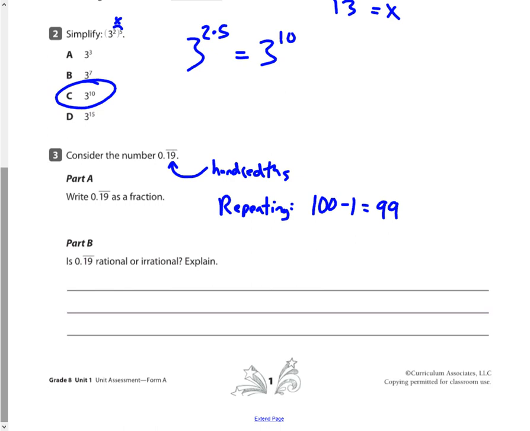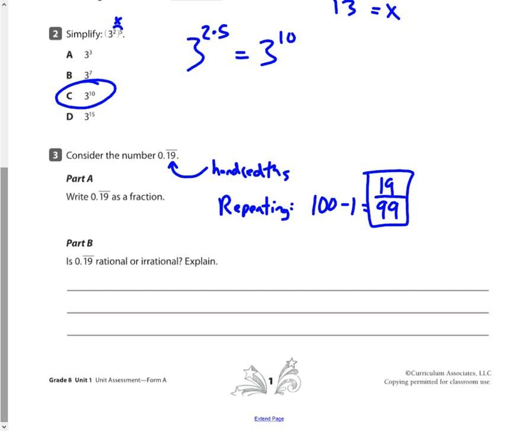And then our numerator is 19. So we can put 19 on top, and there's our fraction. 19 over 99. Check it on a calculator. It should get you 0.19 repeating.